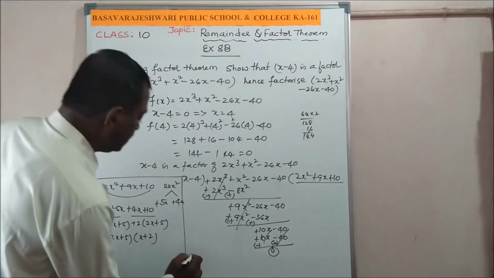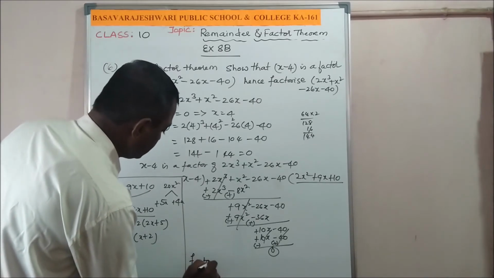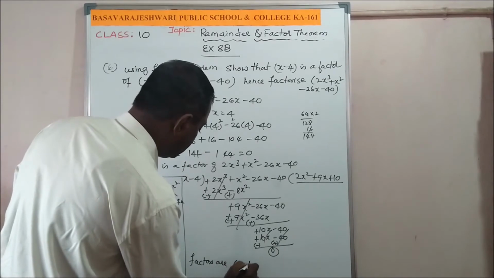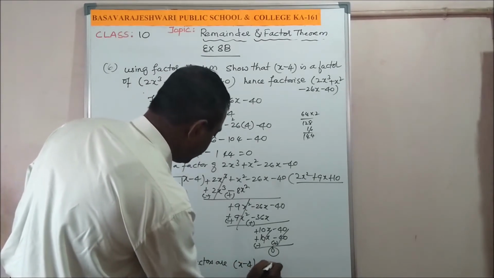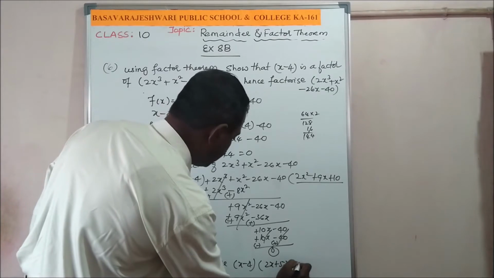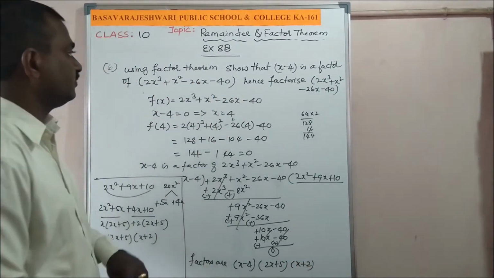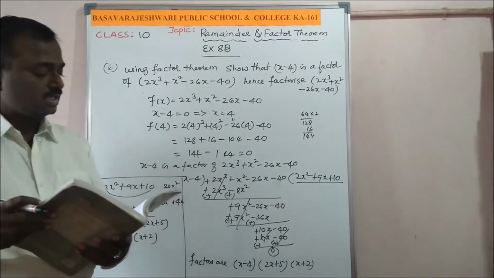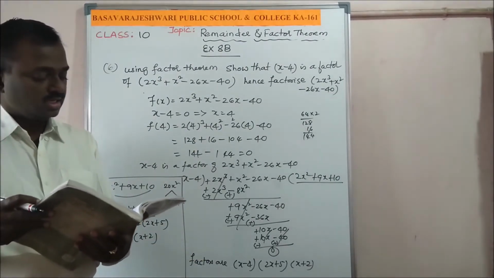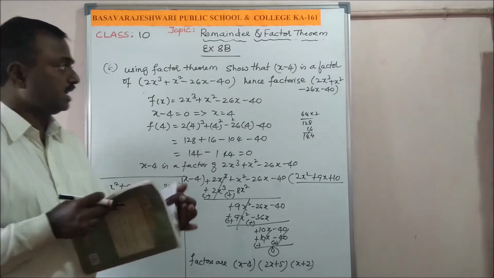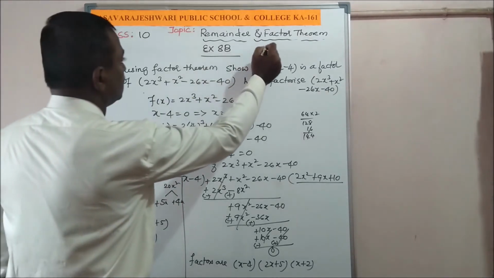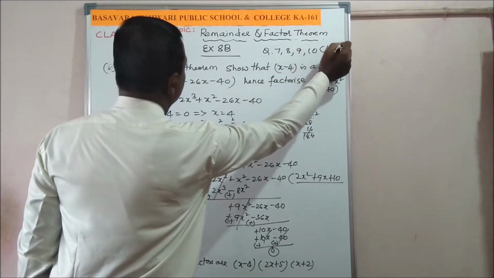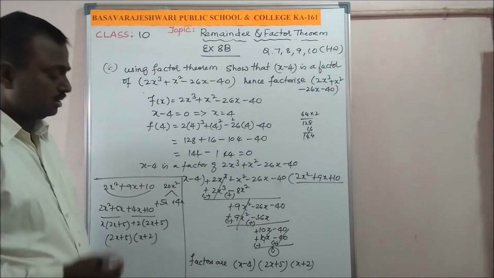So what are the factors now? One is x minus 4, another is 2x plus 5, another is x plus 2. These are the factors of this given polynomial. So note this sum. Next, question numbers 7, 8, 9, 10 are homework for you. So you have to practice at home.